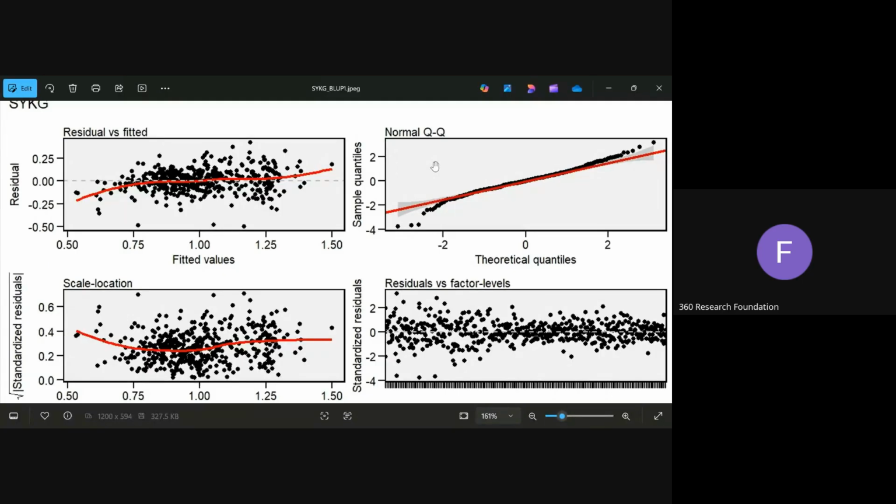The second graph is the normal quantile plot. Here also you can see this is the actual distribution, this gray shaded red line. This is the actual deviation of the data points, and these black dots are the deviation of our data.